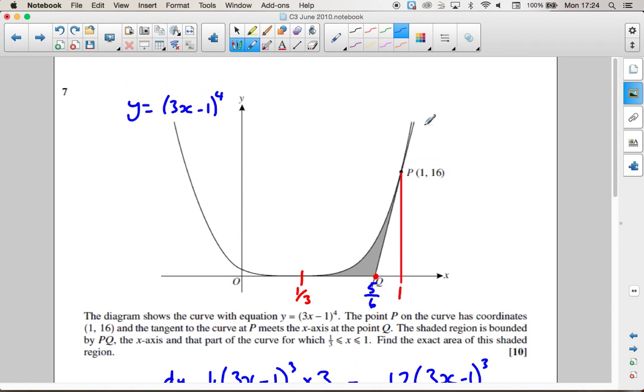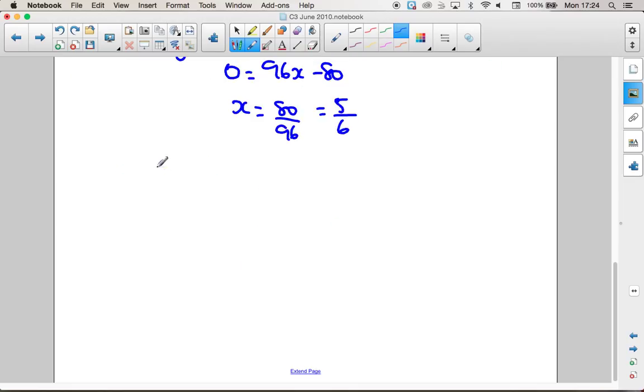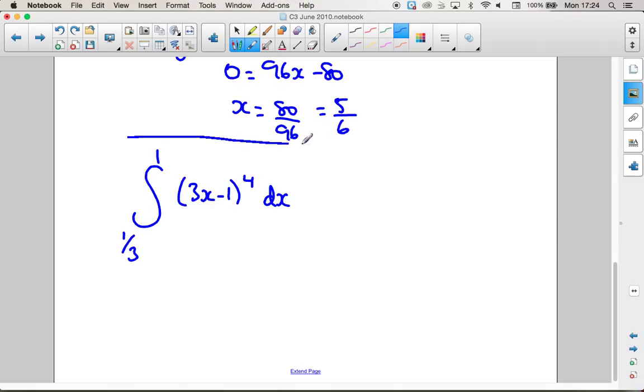Now we can do the integration, and when we integrate between a third and 1, it will give us the grey bit plus the white bit. So that's my next job: integrate (3x − 1) to the power of 4 between a third and 1. So that's like section 1 finished.